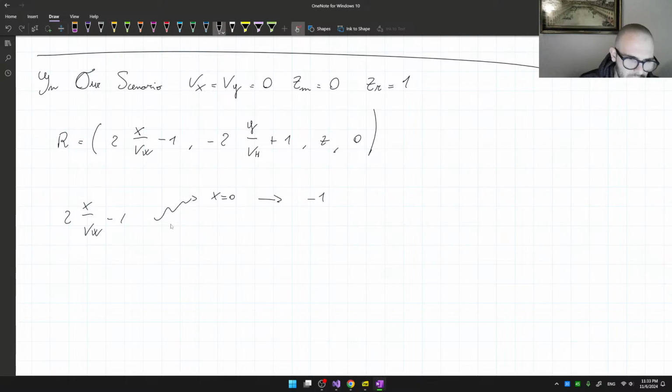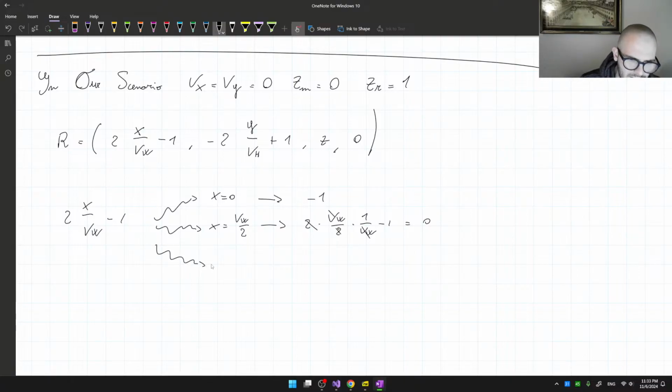Okay, when x is, for example, half the view width, we have 2 times the view width divided by 2 times 1 over the view width minus 1, minus 1, 0.